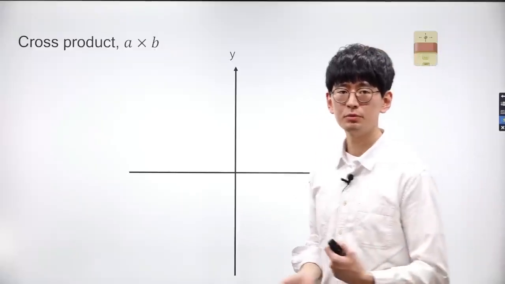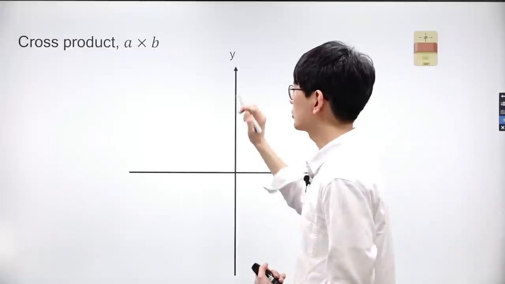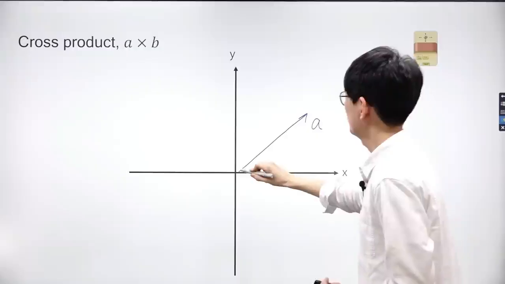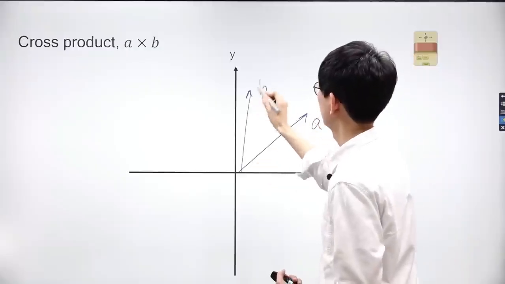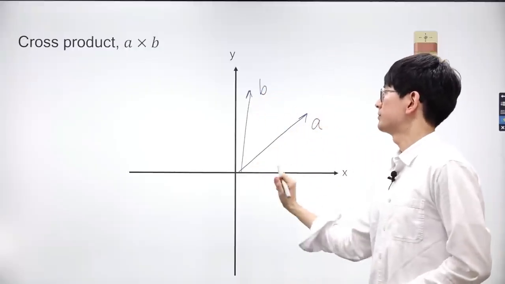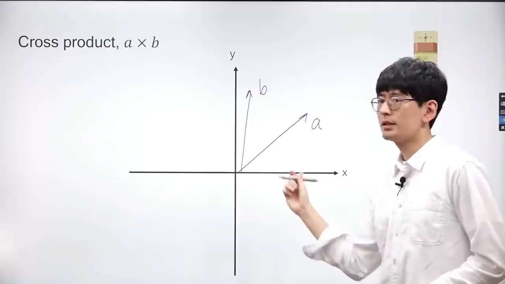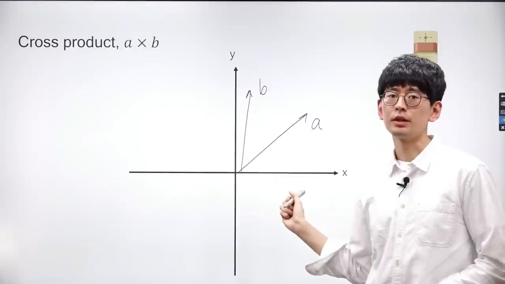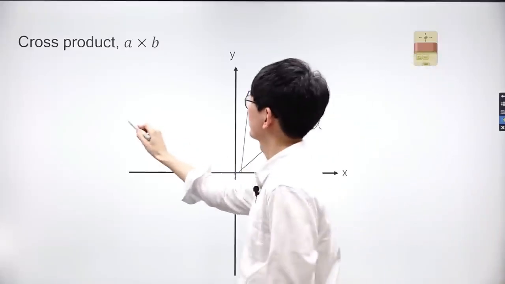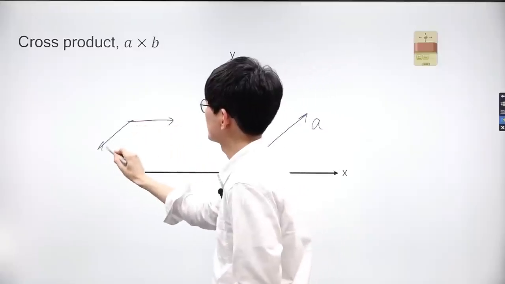Let's define the cross product of vectors as well. Suppose we have 2 vectors A and B on a 2-dimensional plane. The cross product of the vectors conveys directional information between them. Now, consider a 3-dimensional space with vectors x, y, and z on each axis.